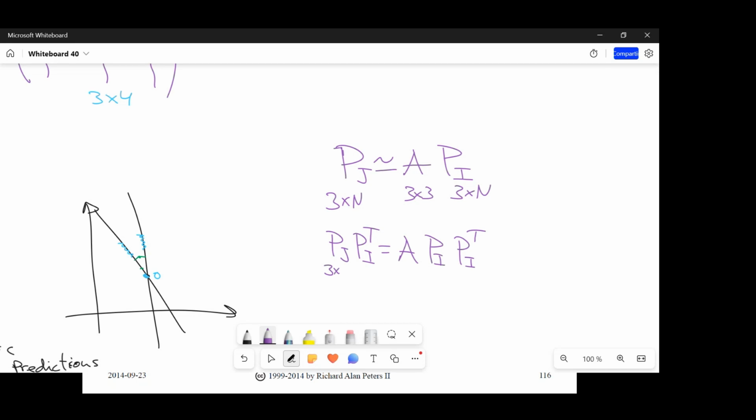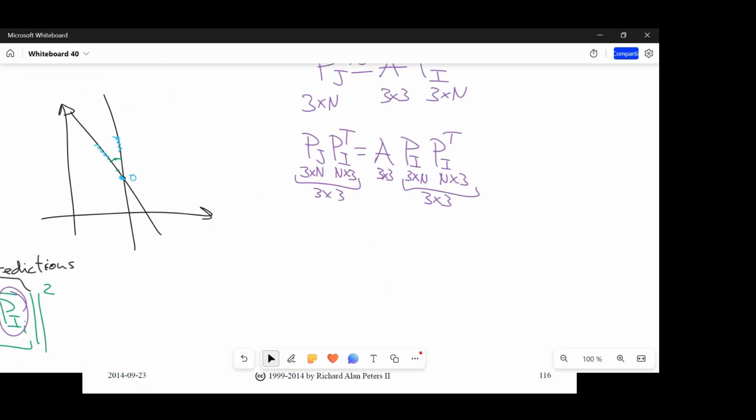This is 3 times n. This is n times 3. So this multiplication is 3 times 3. Now you see the trick. Now I can invert this one. I will multiply by the inverse of that one.